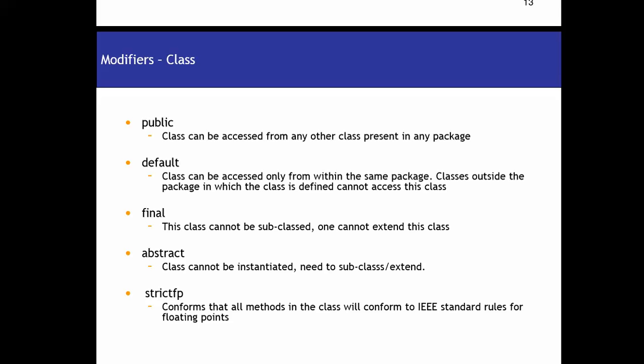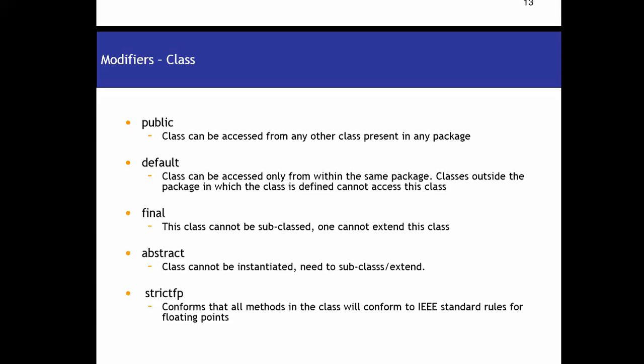A default class can be accessed only from within the same package. When you put public, you will be able to access the class from another package. But when you use default, the class can be accessed only within the package. So the scope of that class is within that package only. You can't access that class from another package.